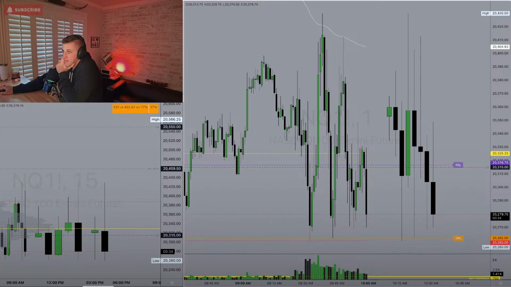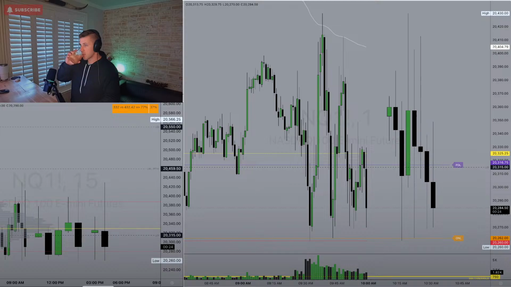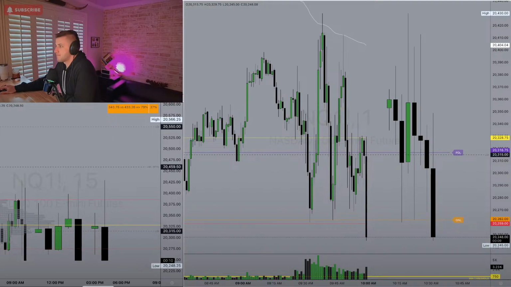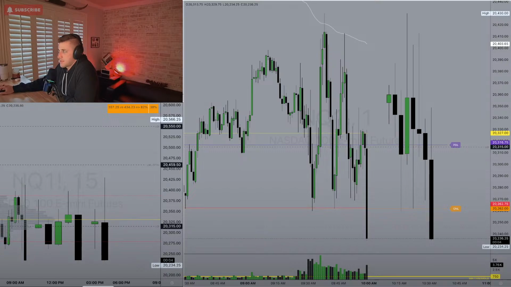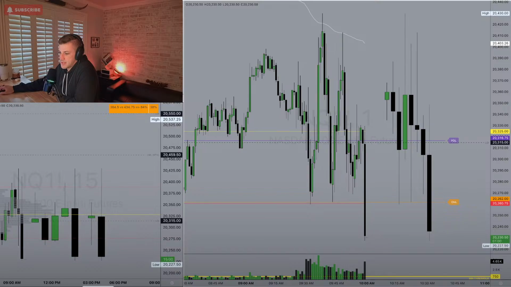Back into the lows. Fourth test of overnight low here during RTH. There it goes. New low of day. Bot is still short.